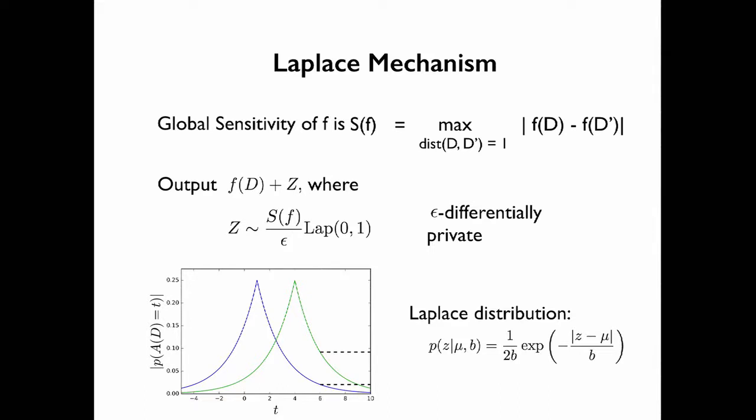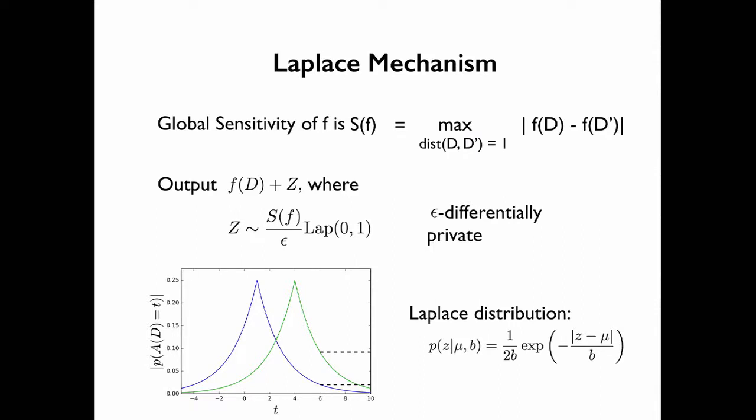So this is the Laplace distribution, and the PDF looks like the pictures, which are two examples of Laplace distributions. If you add noise z, which is the global sensitivity of f divided by epsilon times Laplace 0, 1, then what you get is something that is epsilon differentially private.